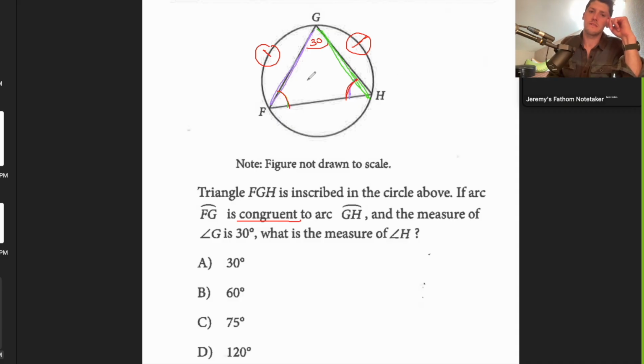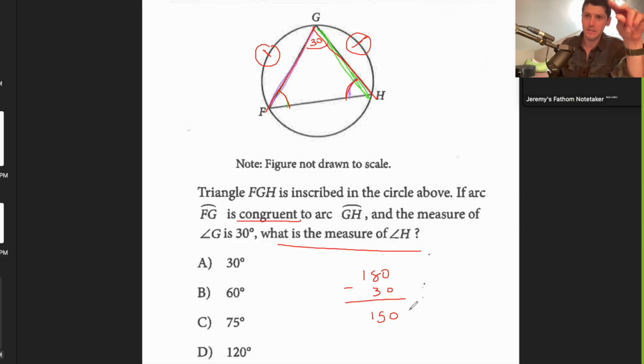It's also the case that, therefore, these line segments FG and GH are also the same. And the measure of angle H could then be determined by using the simple fact that a triangle has 180 degrees. And if you subtract 30, you get 150 remaining degrees. And those 150 degrees must be split up evenly between two equal angles. So half of 150 is 75. Right.